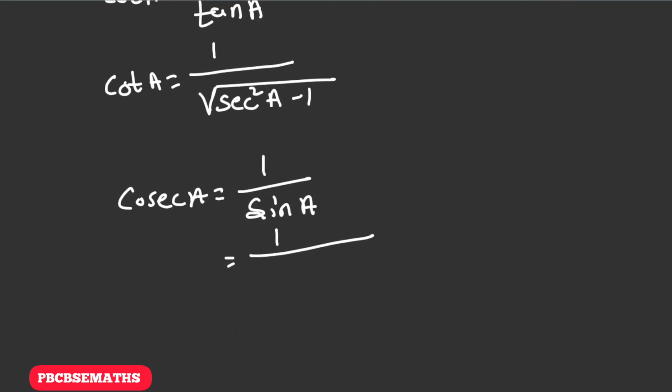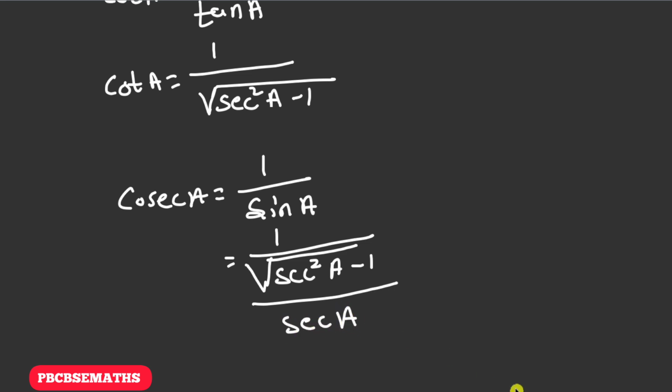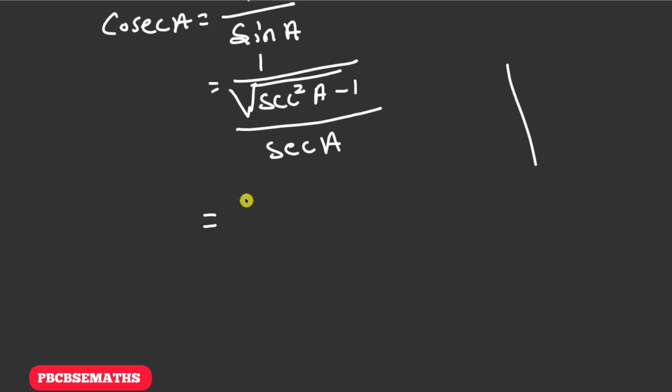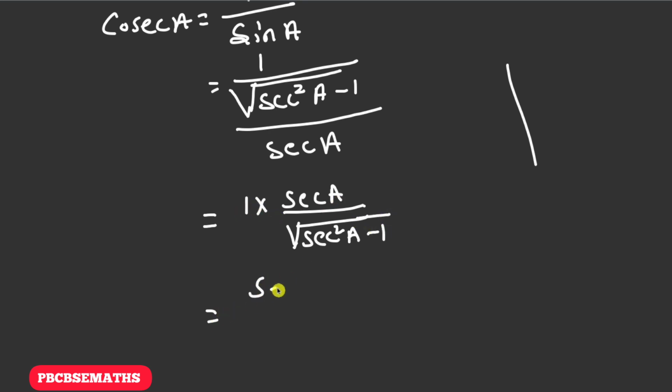Then we have 1 divided by square root of secant square A minus 1 whole divided by secant A. Further simplification gives us 1 into secant A divided by square root of secant square A minus 1. 1 into secant A gives us secant A whole divided by square root of secant square A minus 1.